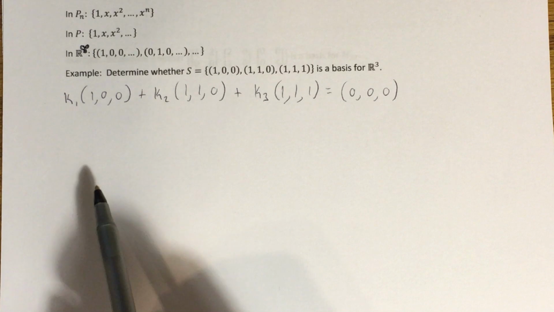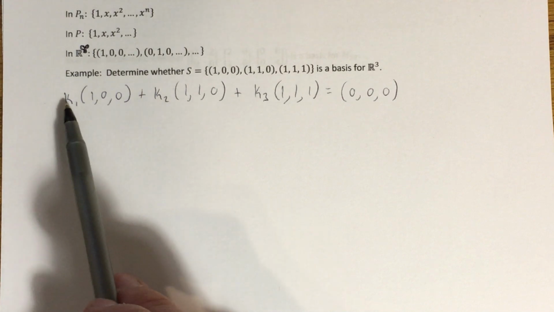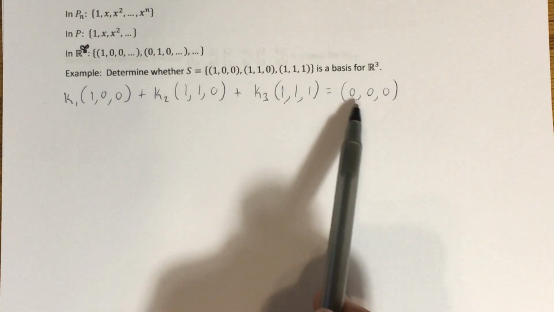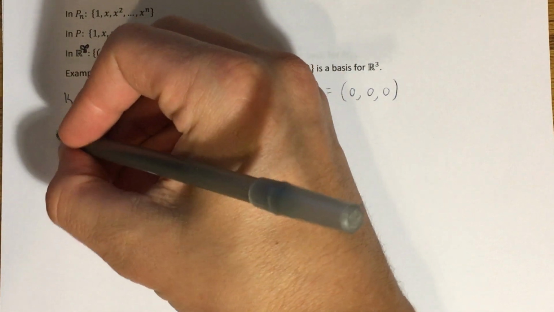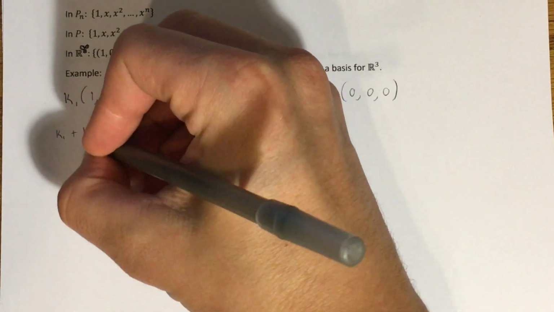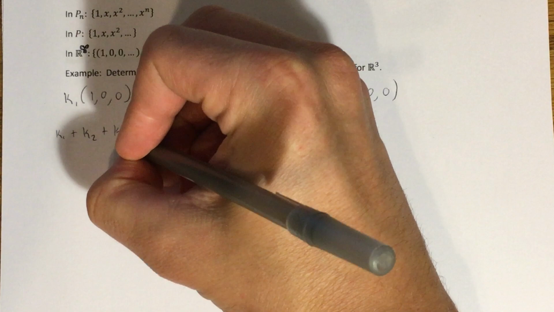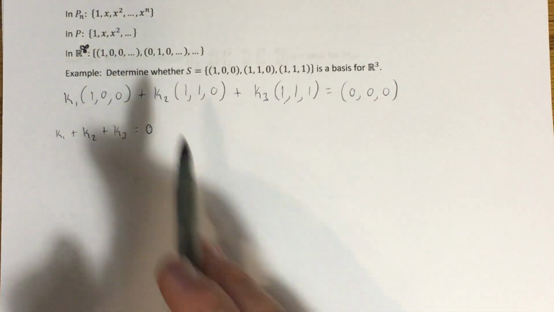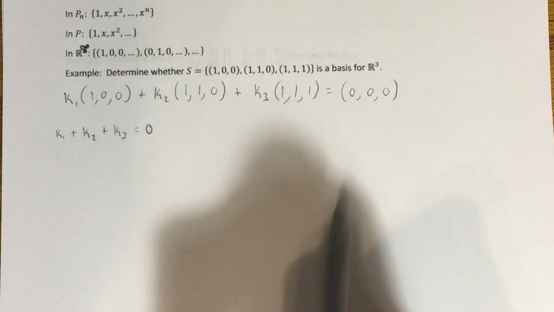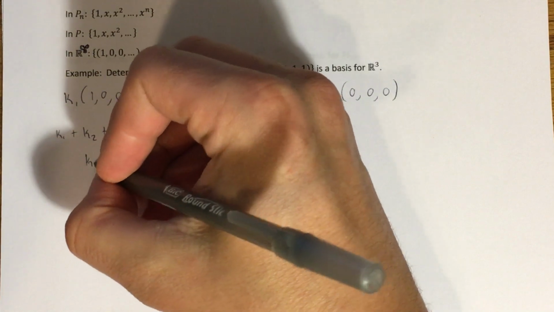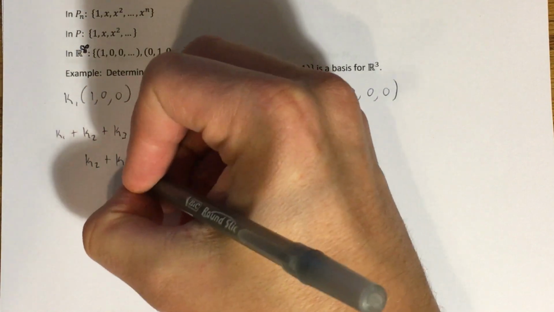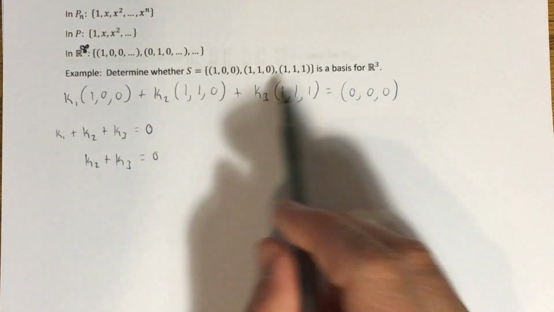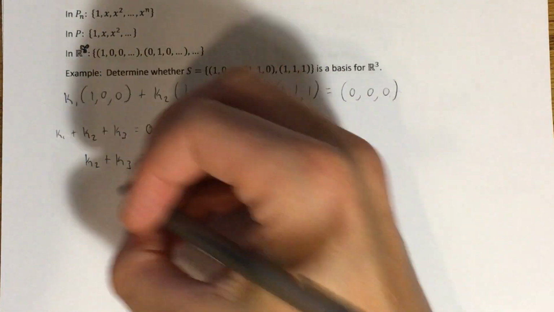So remember, this generates a system of linear equations. K1 plus K2 plus K3 would have to equal this first 0 here. K1 plus K2 plus K3 equals 0. K2 plus K3 equals 0. And then finally K3 equals this last 0 here.